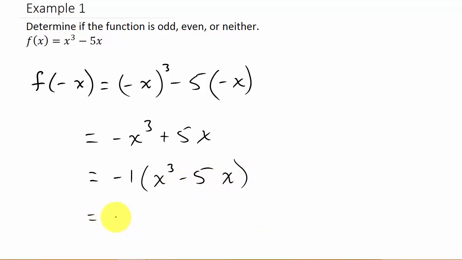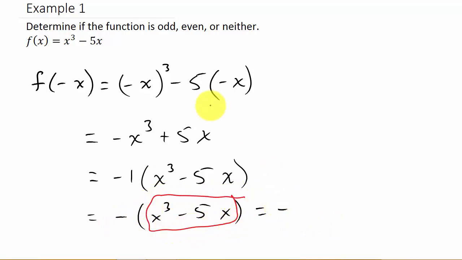So this is negative x cubed minus 5x. Okay, there's our negative. And then look at this: x cubed minus 5x. That is f of x, and so that is equal to negative f of x.